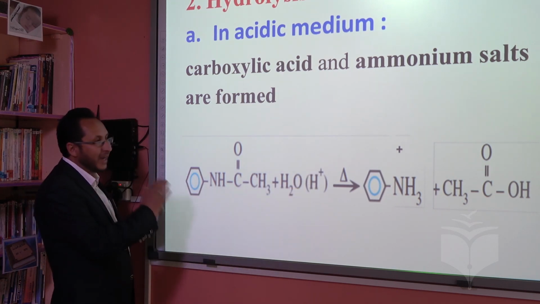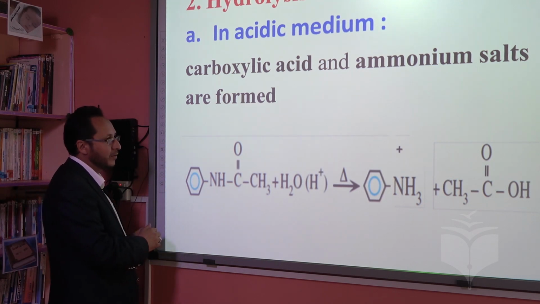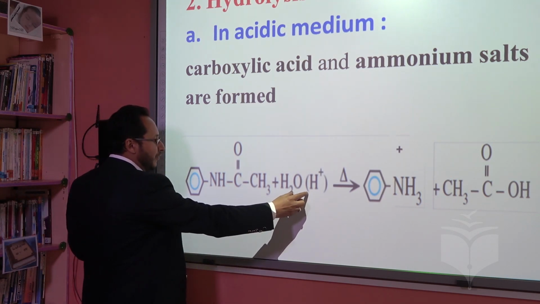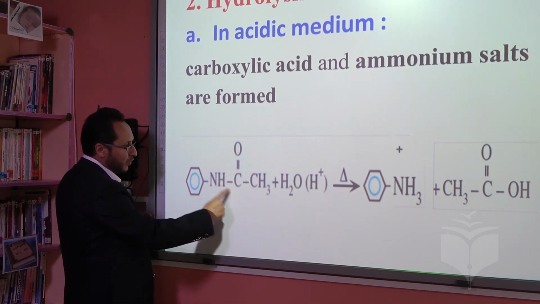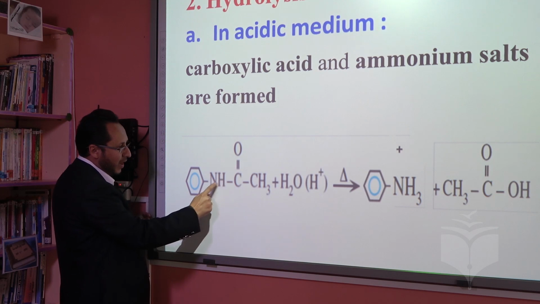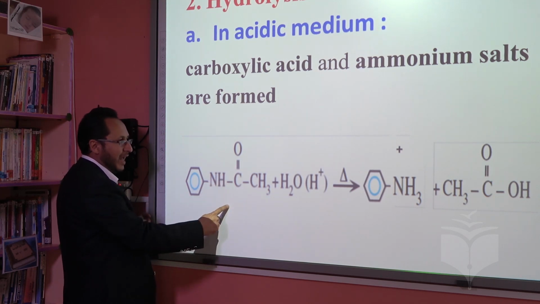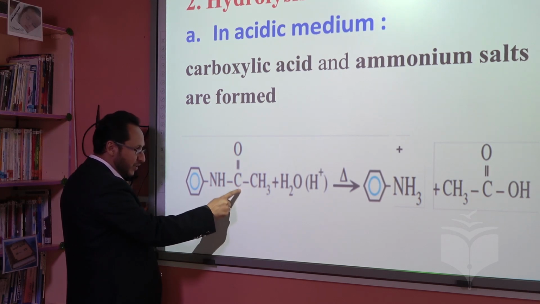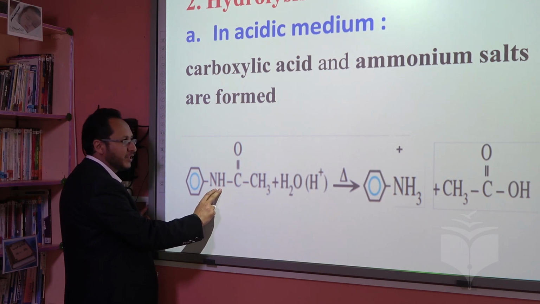What does hydrolysis mean? It means to break down this compound in the presence of hydrogen and water. The bond between C double bond O and NH, you have to break this bond and add OH to C double bond O and two hydrogen to NH.